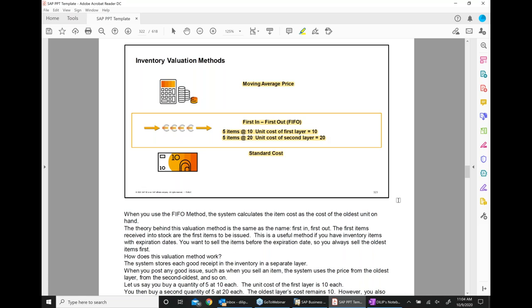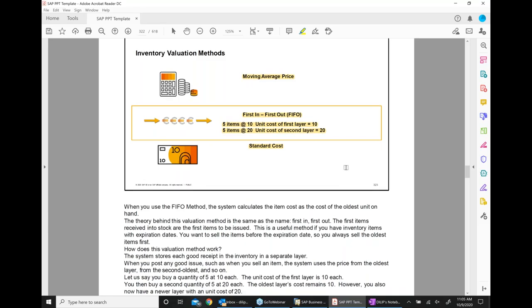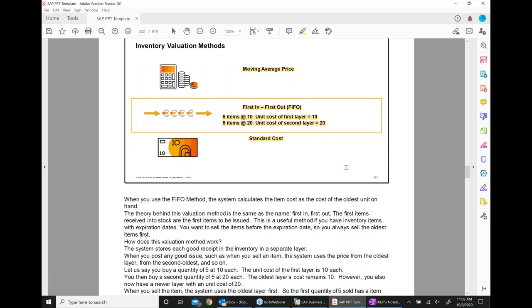So layer 1 has a 10 rupees cost, and layer 2 has a 20 rupees cost. Make a note of both of these layers.